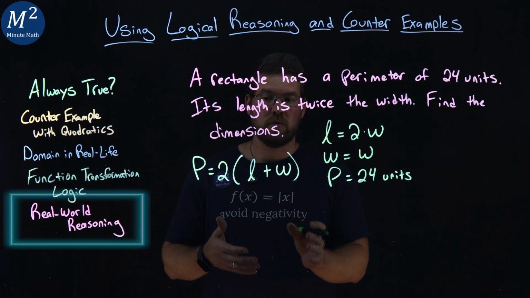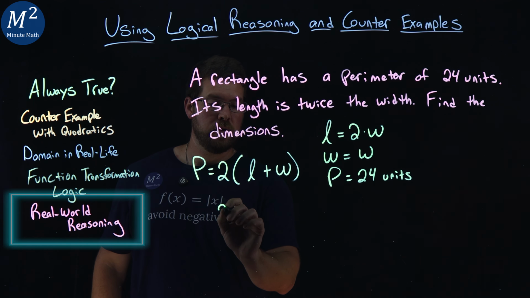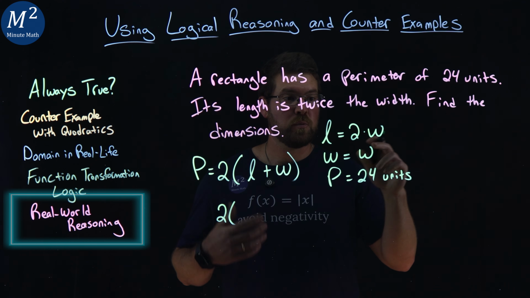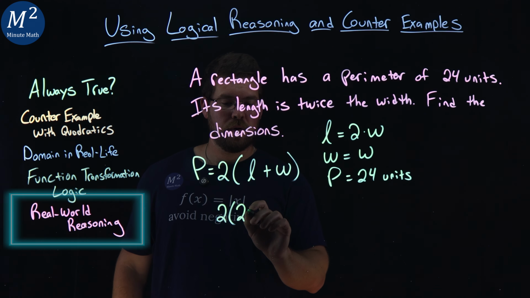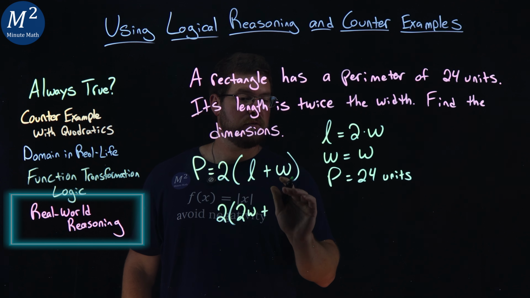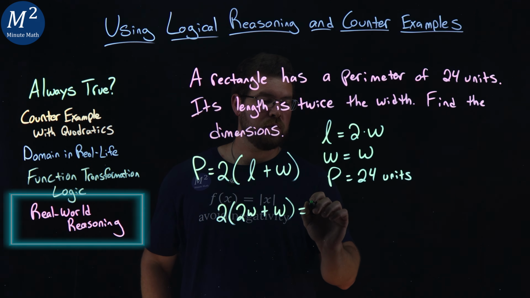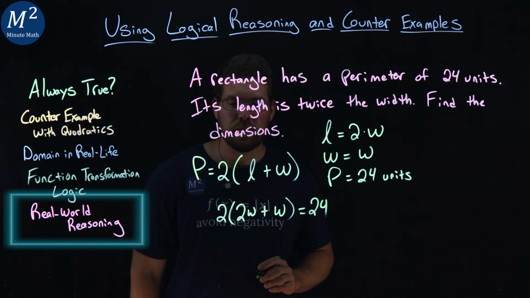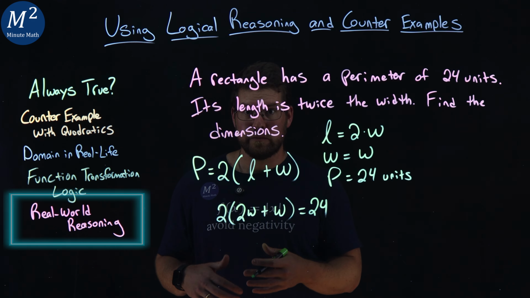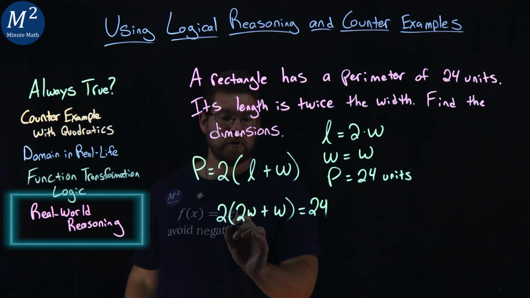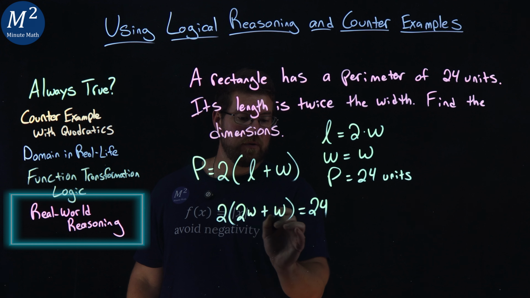So what I'm going to do now is rewrite our perimeter formula here, 2 times, and instead of length, I'm going to write in terms of just width. 2 times 2W plus 1W, and that's equal to a perimeter total of 24 units. Now from here we want to simplify and solve for W. So what I'm going to do first here is add the 2W plus 1W.